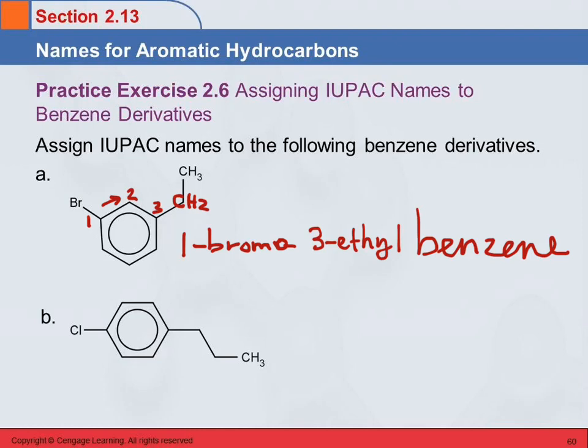What about this guy down here? This next guy. Does it have a special name? We've got chlorine, and what's this guy over here? Propyl, right? So that's a propyl group, and this is chlorine, so no special name.